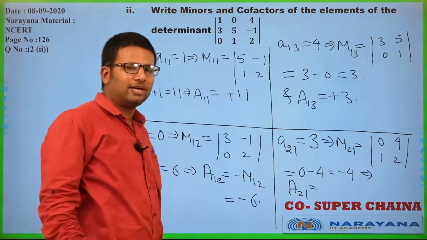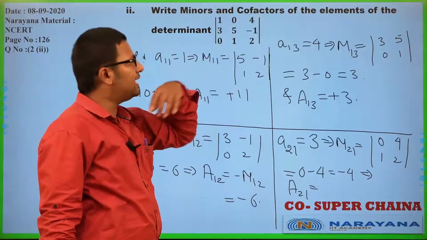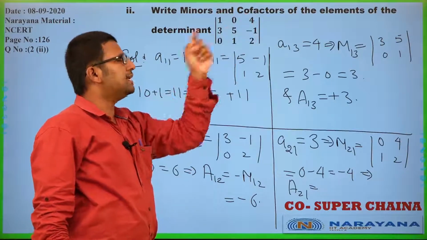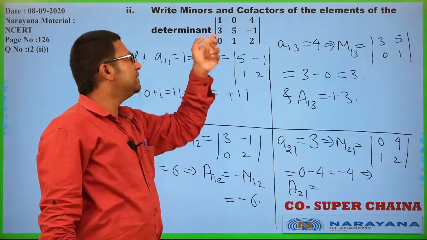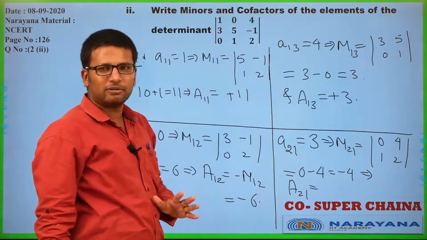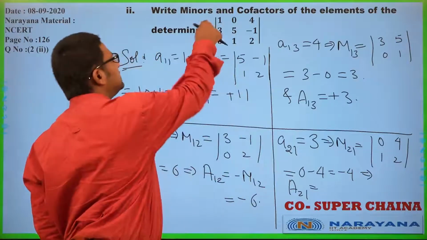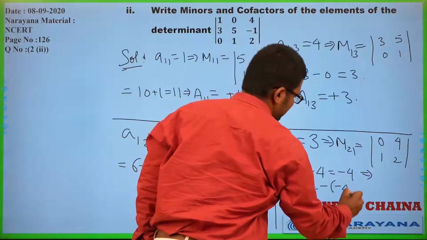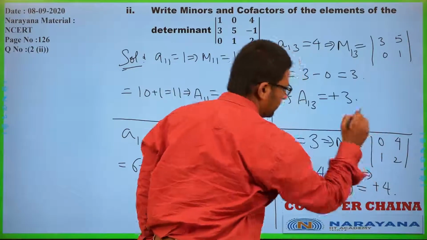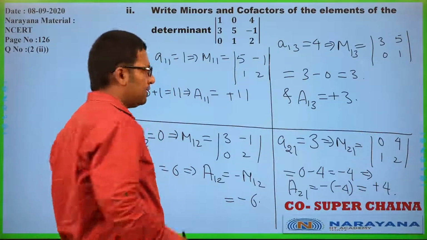One way to think about how to remember plus minus is that on the corners and in the center you will have plus. On the center of edges you will have minus. That's another nice way to remember, okay. So this is center of an edge, therefore we have minus of minus 4, which is plus 4, yeah, okay.